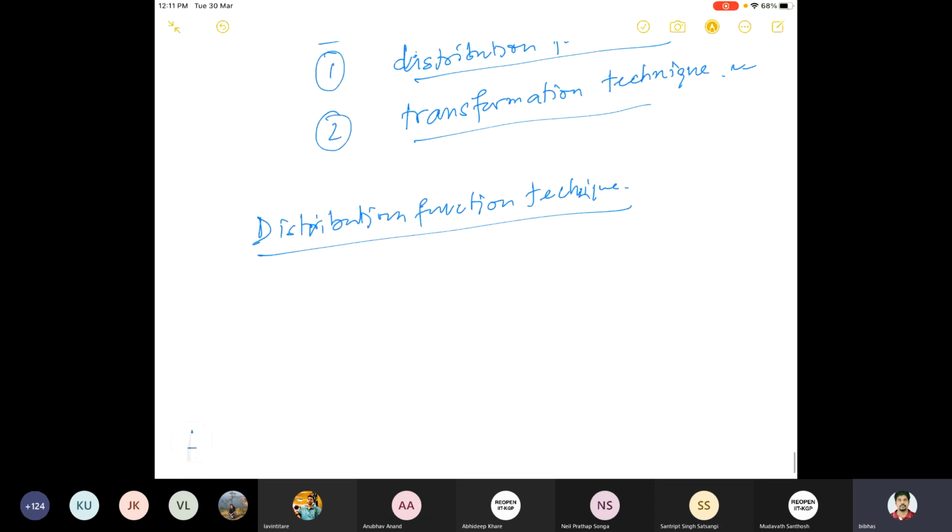In this particular method, we first find what is called the probability distribution function, F_Y of y, which is P of Y less than or equal to some small y, according to the definition. So this will be the probability that this function of x1, x2, ..., xn is less than or equal to y.